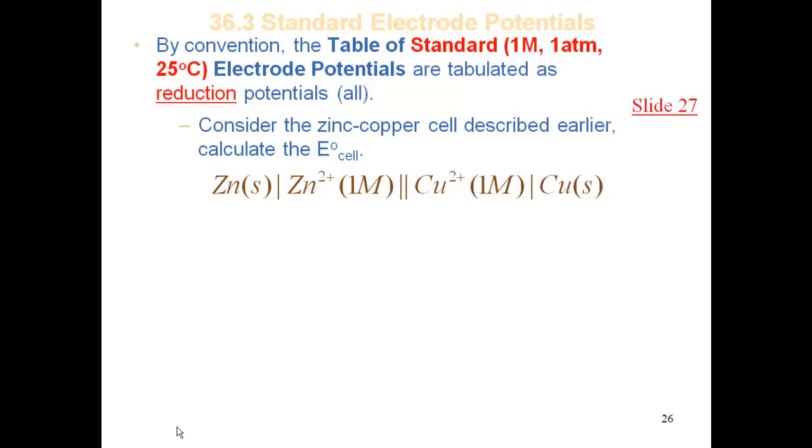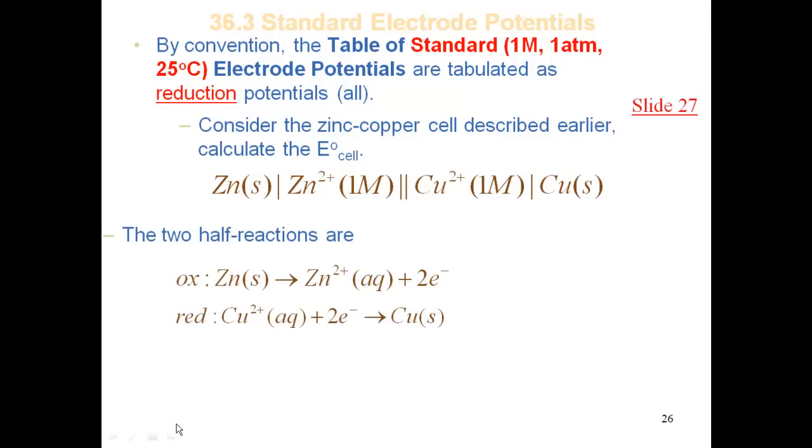This is a standard cell. We basically saw that since zinc is on the left side, it's being oxidized and copper is being reduced. So we took our potential for zinc and we had to flip the reaction from its electropotential. And for copper we use it just as it is on the potential table.